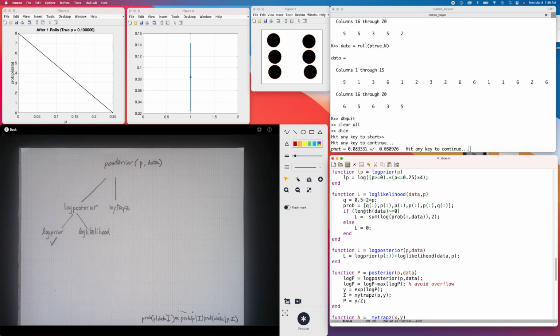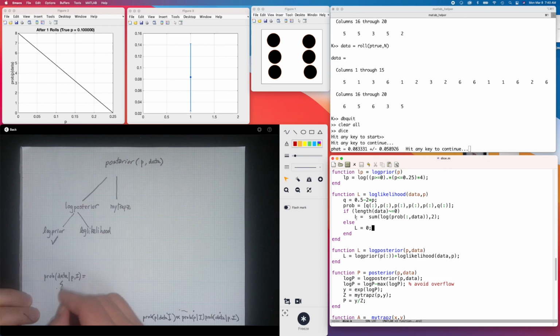Right, and then we sum the log of all those evaluations, and we call that L, because the likelihood function is the probability of the data. To be concrete here, suppose we had this following data set. The probability of getting that particular data set: the probability of 2 is p, the probability of 1 is q, the probability of 6 is q, the probability of 2 is p, and the probability of 4 is also p.